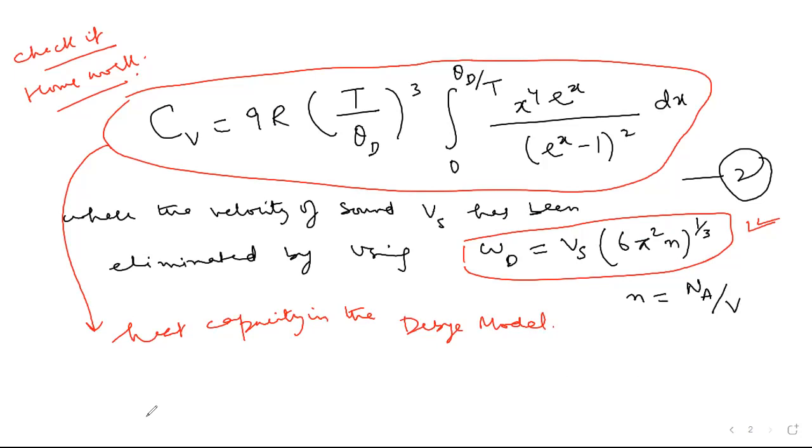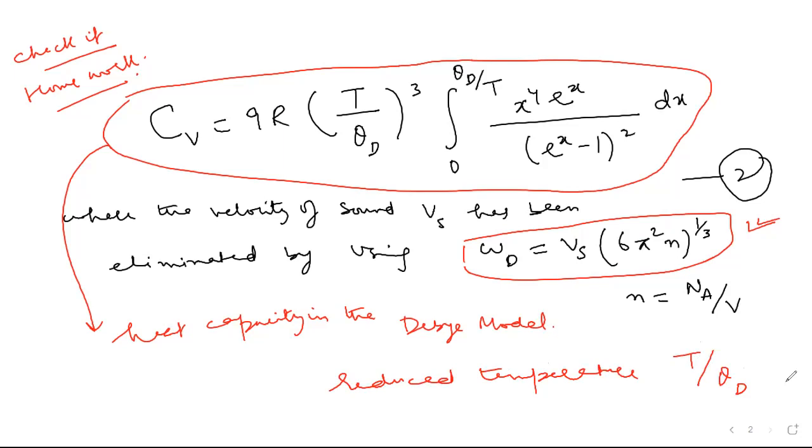Now we see from equation 2 that if CV is plotted versus a reduced temperature, what is reduced temperature? T over theta D is called reduced temperature.